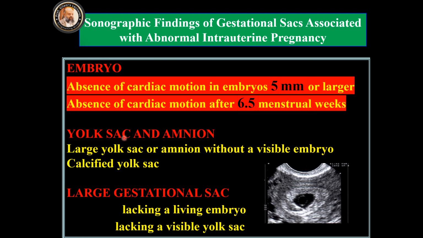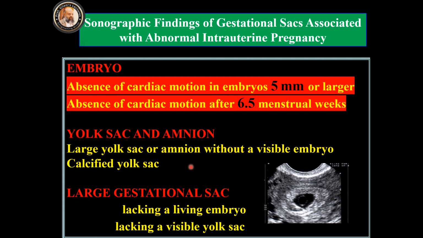The sonographic findings of gestational sac associated with abnormal intrauterine pregnancy include: in embryos, absence of cardiac motion; in embryos 5 mm or larger, absence of cardiac motion after 6.5 menstrual weeks.